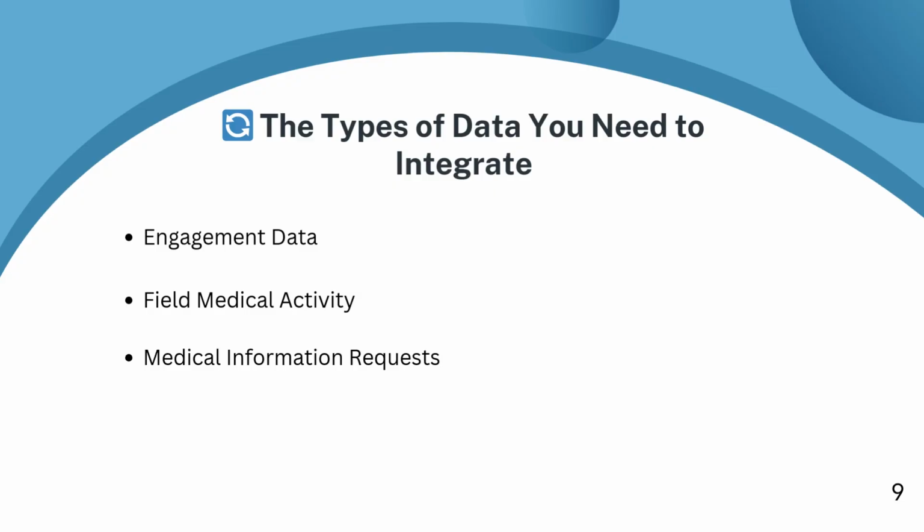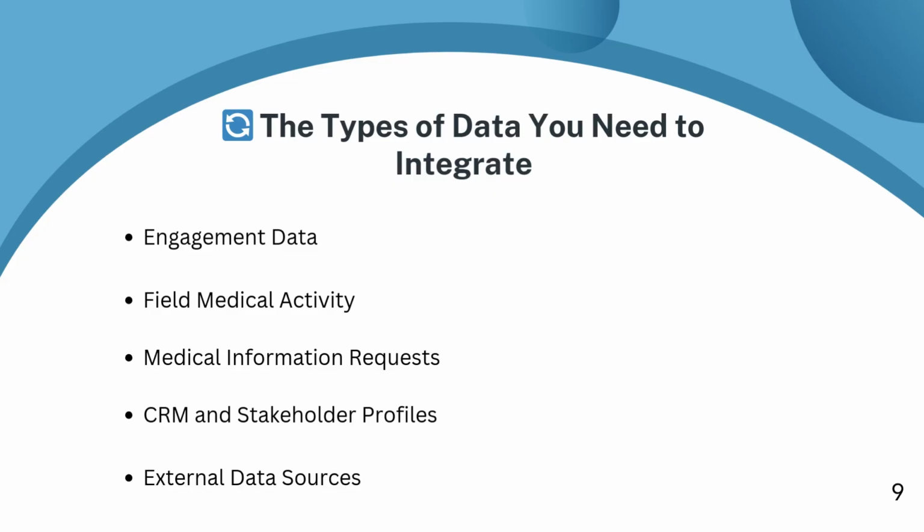Medical information requests. The questions HCPs are asking about your products, trials, or publications often indicate unmet educational needs. CRM and stakeholder profiles. A well-maintained CRM helps you track who's who, roles, affiliations, specialties, past engagement history.